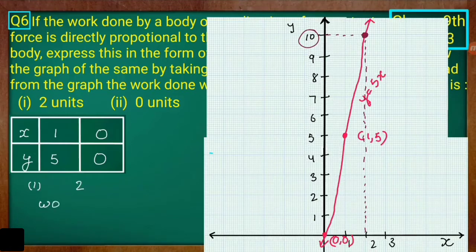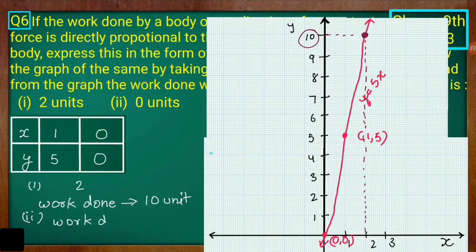For a distance of 2 units, work done is 10 units. Let's check it for the second. When distance is 0 unit, then what is the work done? Obviously it's 0. When distance is 0, then work done is also 0.